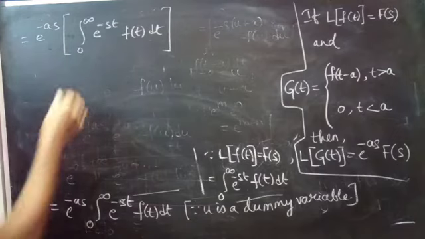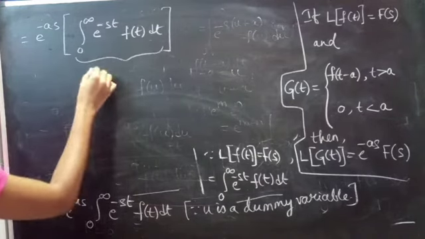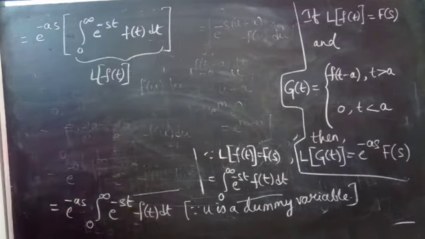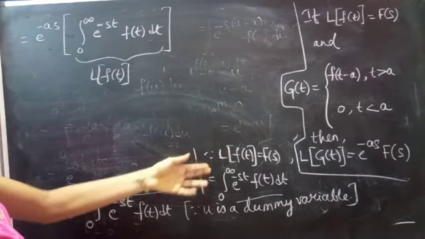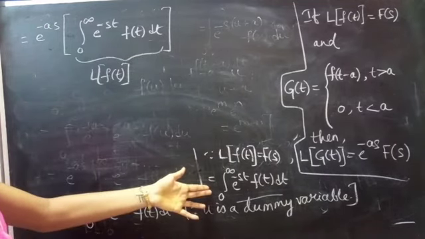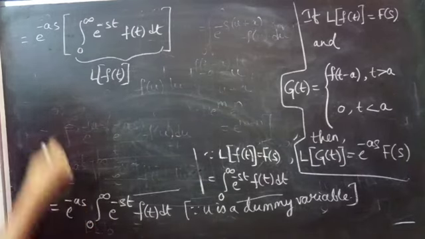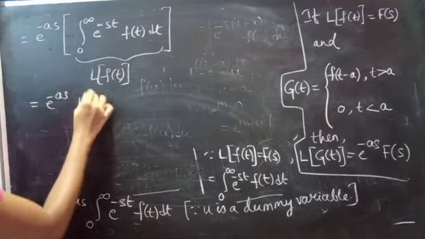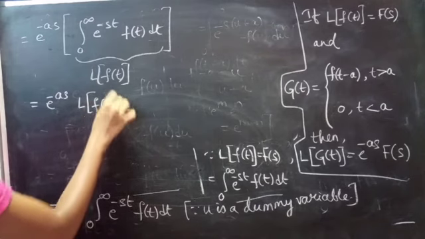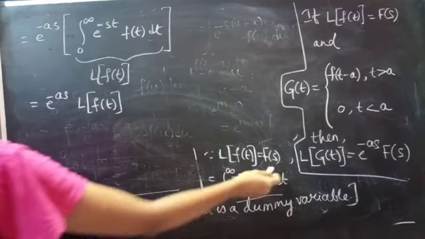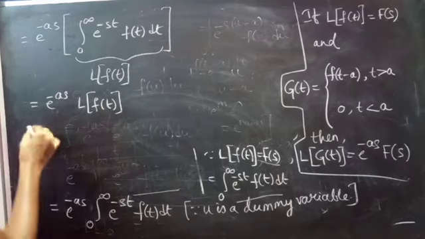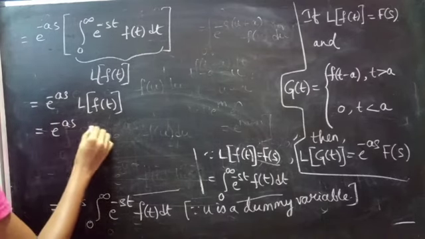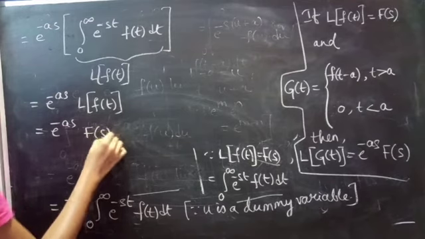So this is your L of f of t by the Laplace formula. So this equals e power minus as into L of f of t. This L of f of t can also be written as capital F of s. So this equals e power minus as into capital F of s.